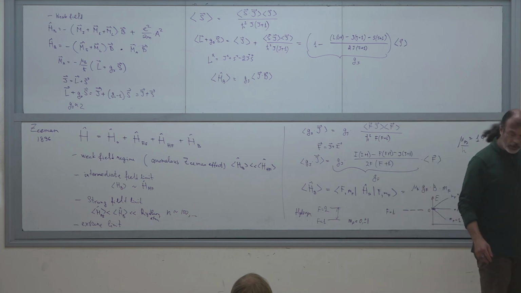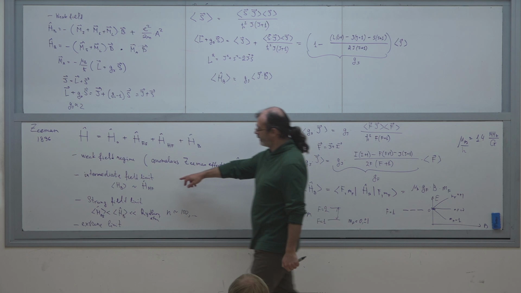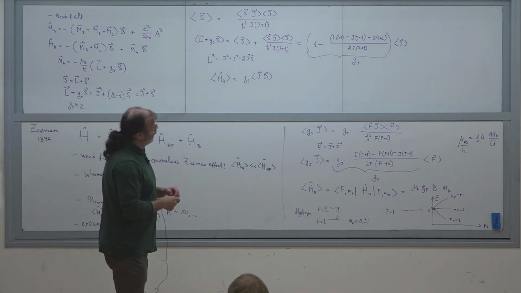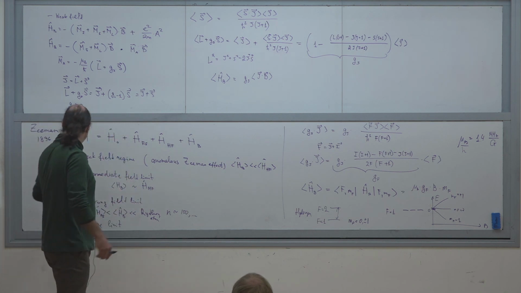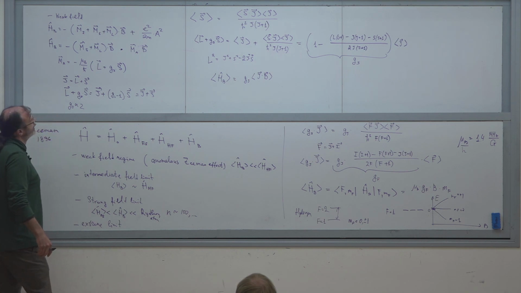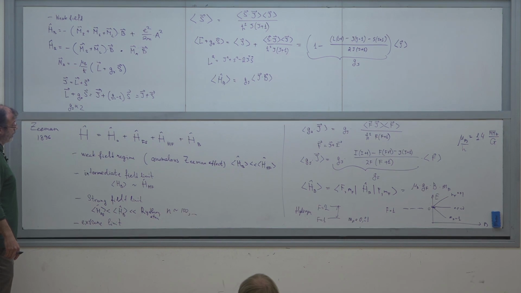So it's not stupid to ask the question, what's going on if we go to the intermediate regime? In the intermediate regime, the quantum number f is not correct anymore, so we have to consider it differently. Let's do that now. Let's go to the intermediate field regime.